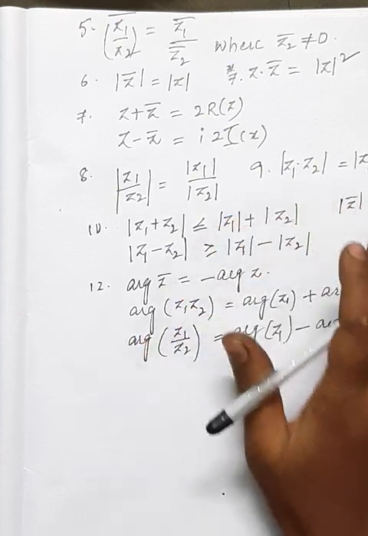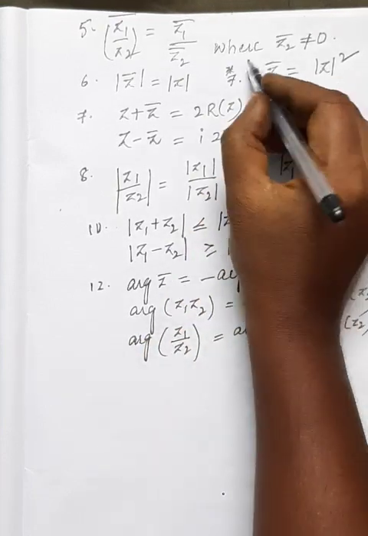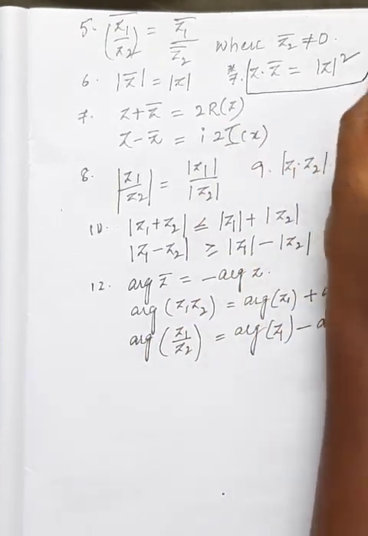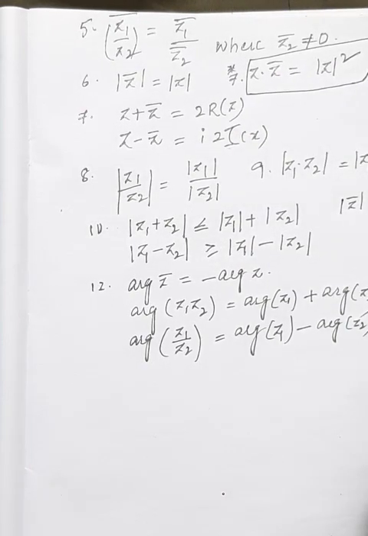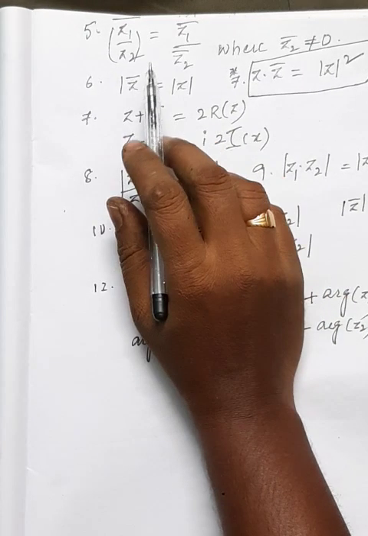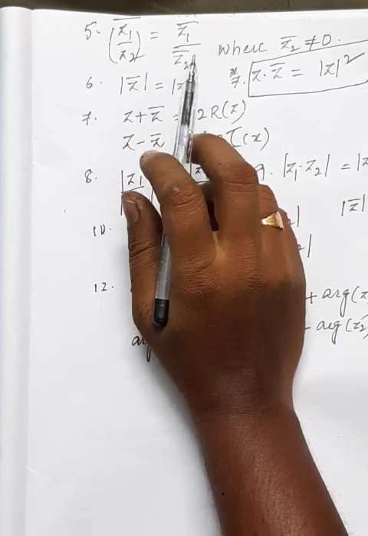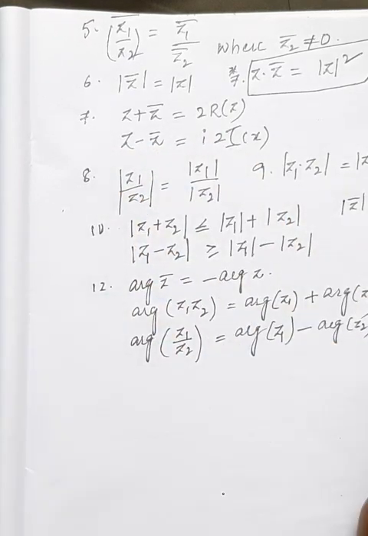These 4 properties and this one important property, z z bar equal to mod z square. These 5 properties come under modulus of a complex number, and these 5 properties come under conjugate of a complex number. So these are properties related to conjugate, modulus and arguments of a complex number.